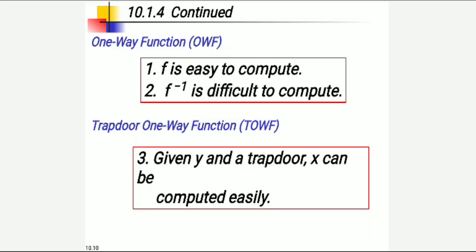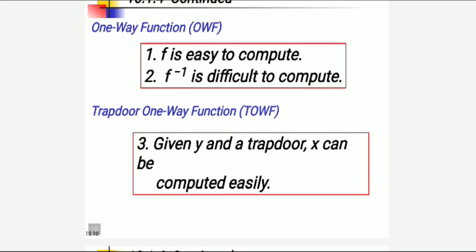However, if one is told that one of the numbers is this, then he can find the answer by dividing the product by the first number to get the second. So basically, if we use some hints to calculate the f inverse, then that is known as a trapdoor function.